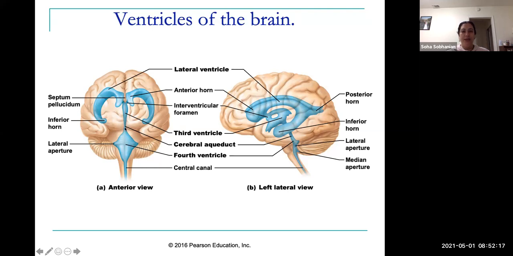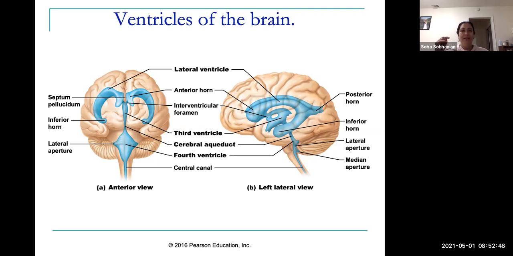Then you basically start to go down into your brain tissue. This structure right here, this extension, is called the cerebral aqueduct, like aqueducts that carry water, the channels that carry water. Same concept here. And then what you see right here as a bulging structure from the frontal view, that little triangle, is called the fourth ventricle.